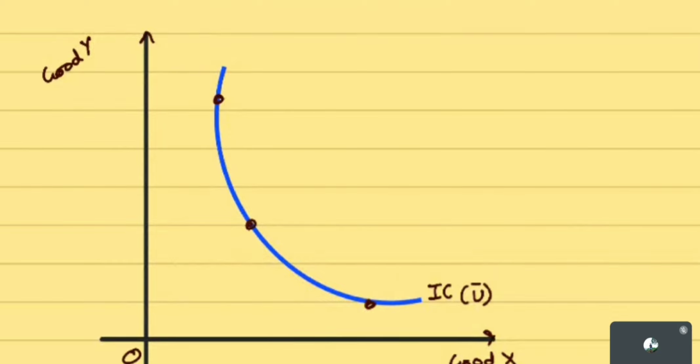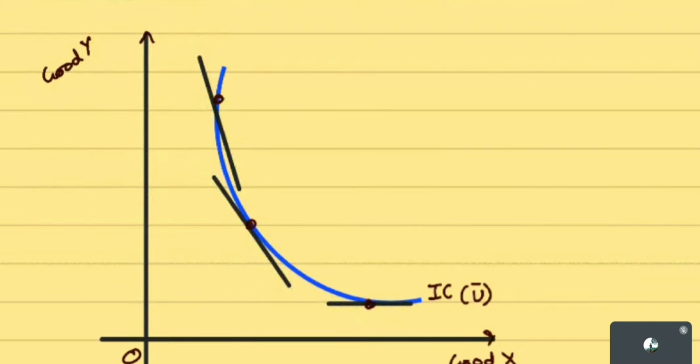Okay, so the slope of this particular curve is represented by MRS. In the case of these non-linear curves, we derive the particular slopes by drawing tangents. So in this case, this is our one tangent, this is our second tangent, third one.